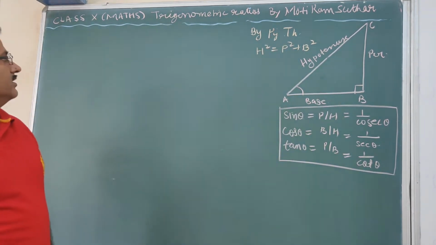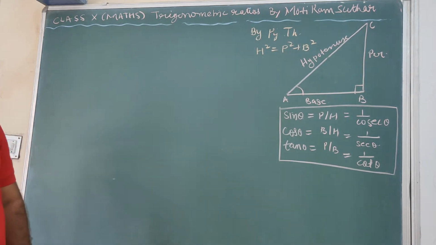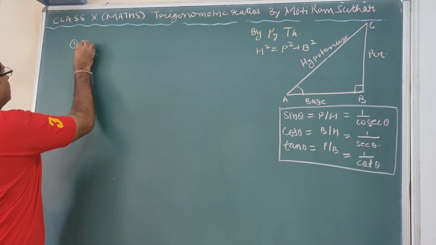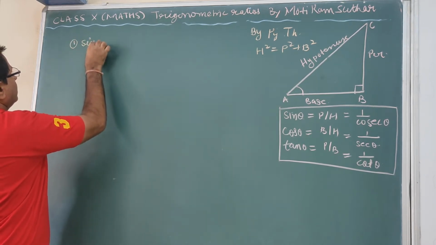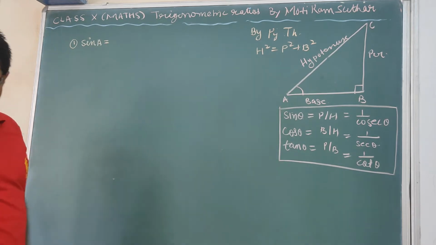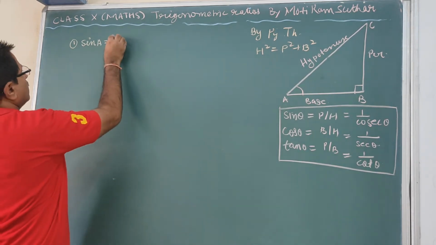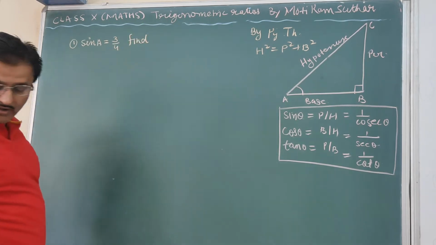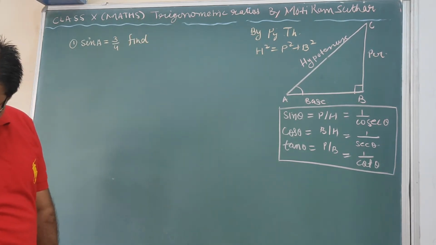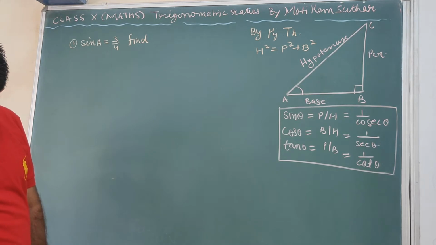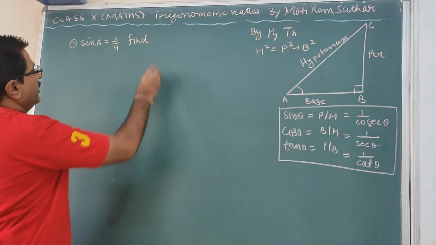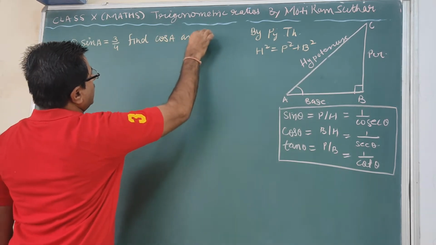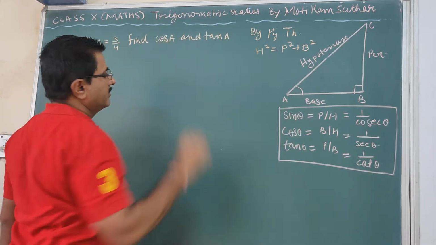Like we can consider a problem: if sin A equals 3/4. This is the first problem. These are important problems we have discussed. So sin A is given as 3/4 and it says find cos A and tan A. You have to find the value of cos A and tan A. Clear?